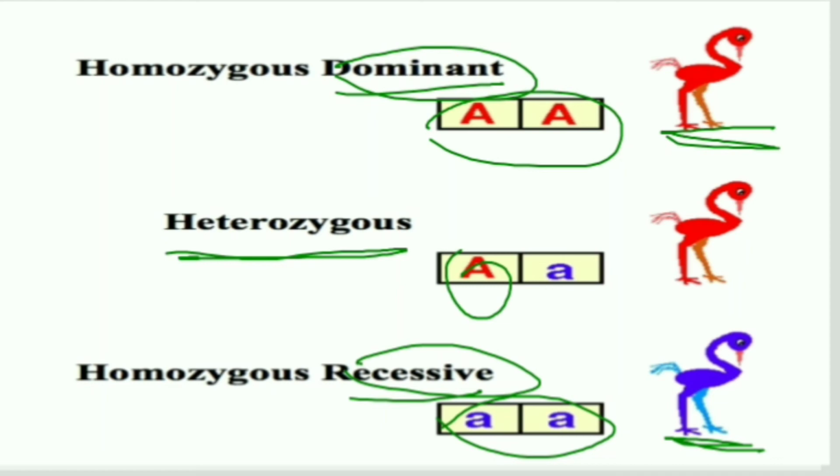Here we can see that the bird color is red, and it is red because the dominant allele codes for red. So we can say that in the case of heterozygous, there is only one phenotype, that is the phenotype of the dominant allele. Whereas in the case of homozygous, there are two phenotypes, that is one due to the dominant allele and the second due to the recessive allele.